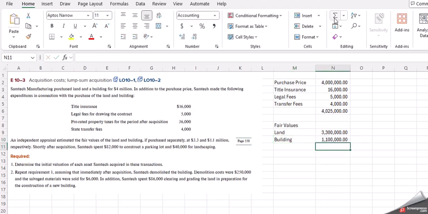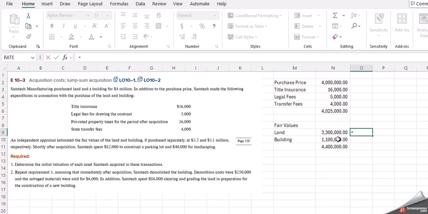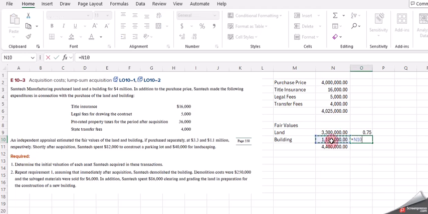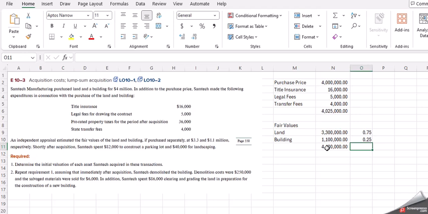So then we'll sum those, and then we'll do a percentage. So what percent, so if I take my land and I divide it by my total, what percent represents the land? So 75. And then the building should be 25. Because again, we got to have 100%. So then we're going to use that to allocate them off.